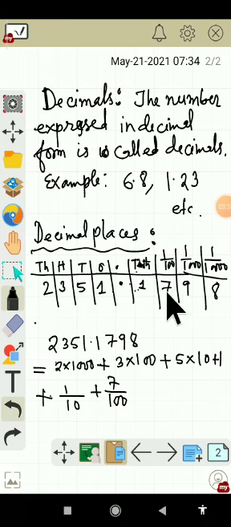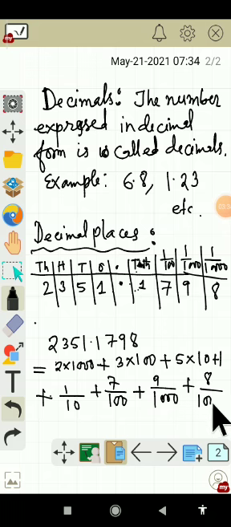If it is in the hundredth place, it will be 7 by 100. And if it is in the thousandth place, this will be 9 by 1000, and 8 by 10,000. So this way we can write all the numbers in the decimal place value chart.